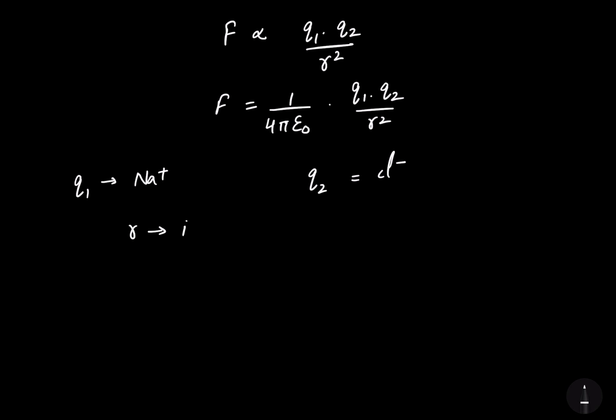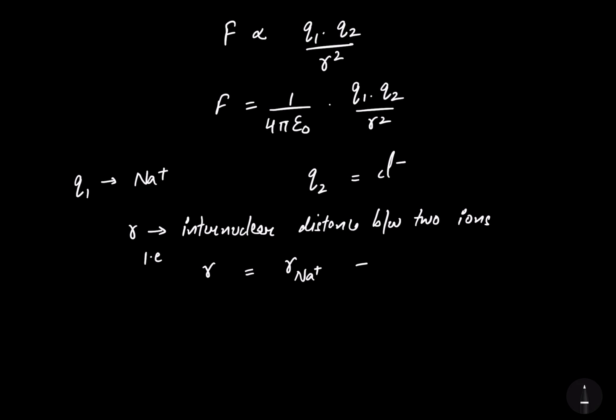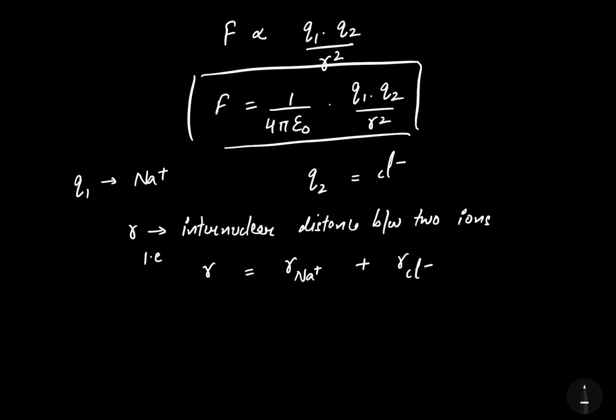It's the internuclear distance between two ions. That is, small r is equal to the radius of Na positive ion plus the radius of Cl negative ion.